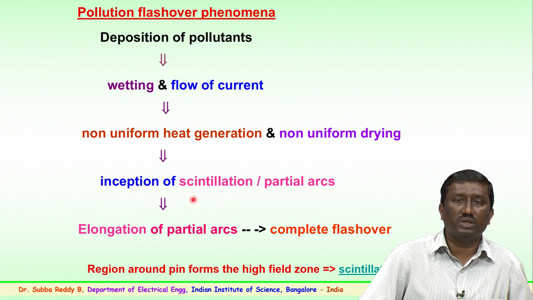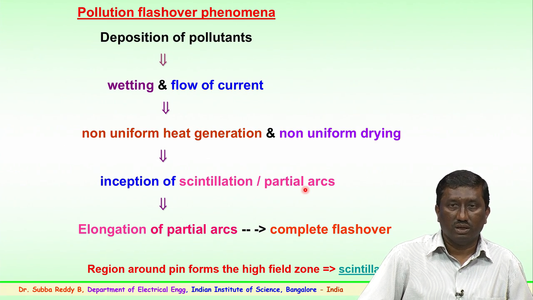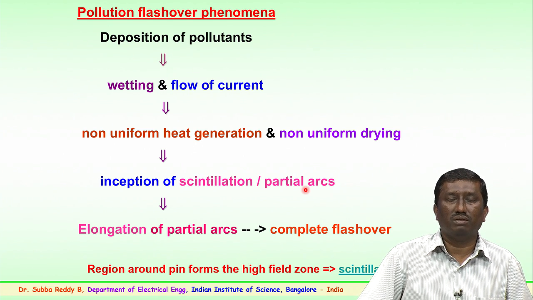So, the inception of scintillation or partial arcs takes place. This activity goes on till the surface conduction on the insulator surface.